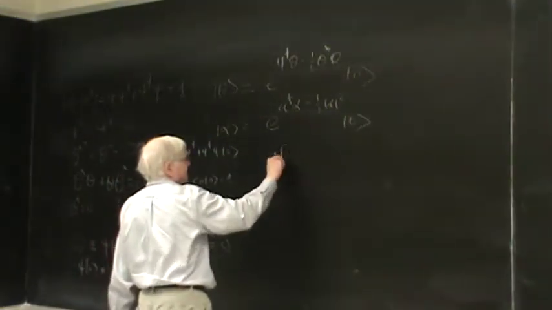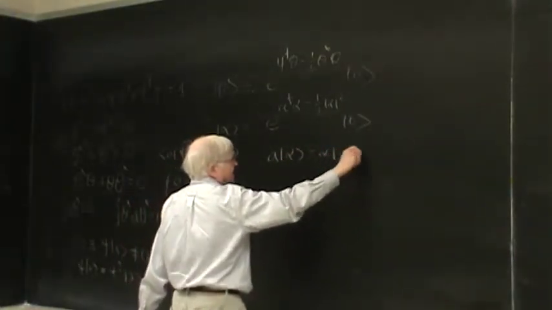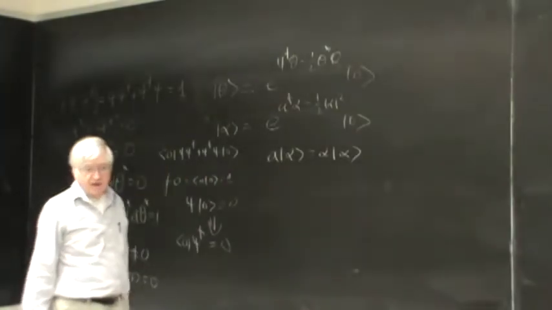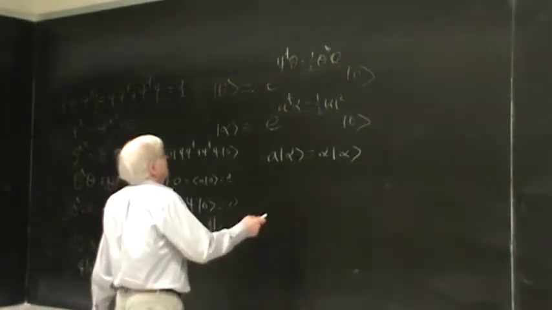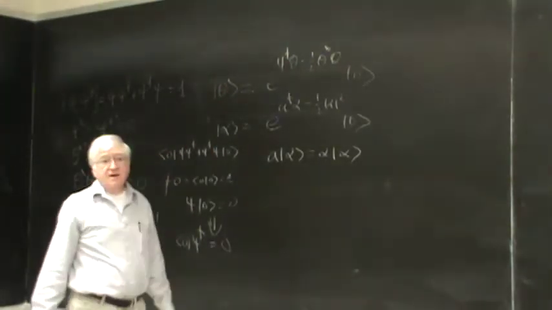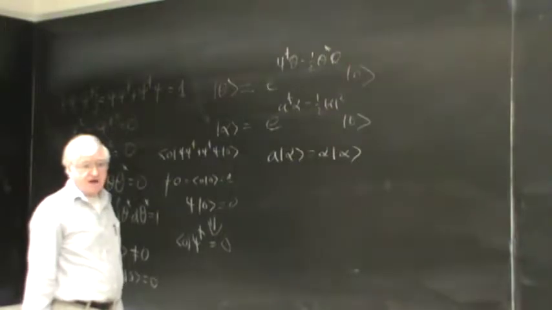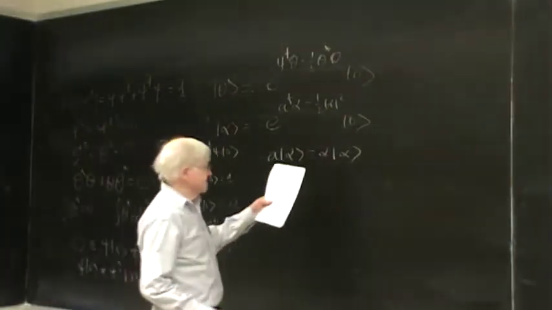It turns out that that's an eigenstate of the annihilation operator with eigenvalue alpha, alpha here being complex. And now we're going to see the same thing is true for theta, namely that it's an eigenstate of psi with eigenvalue theta.